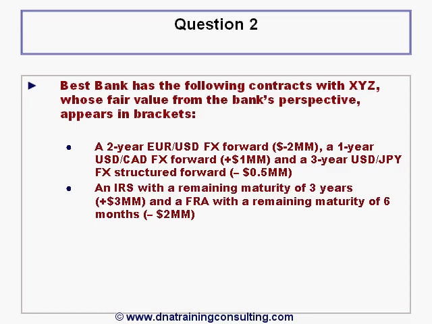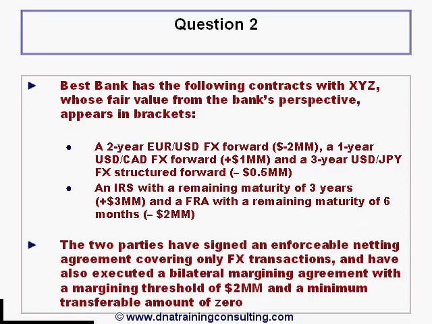An IRS with a remaining maturity of 3 years, and a FRA with a remaining maturity of 6 months. The 2 parties have signed an enforceable netting agreement covering only FX transactions, and have also executed a bilateral margining agreement with a margining threshold of $2 million and a minimum transferable amount of 0.